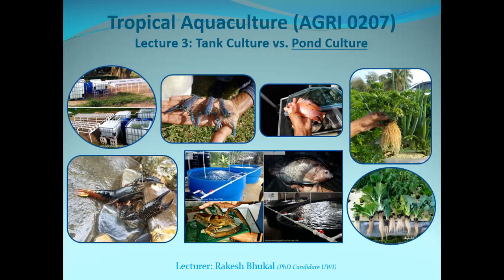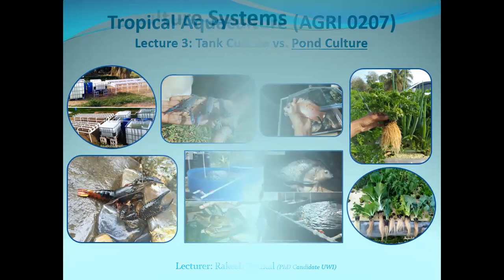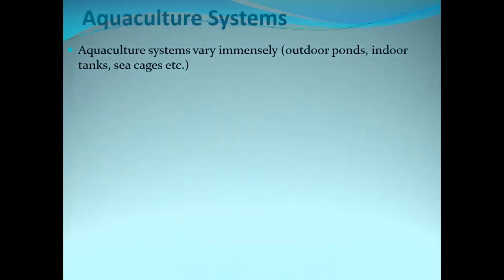So we have two major types of systems, tank culture and pond culture. Again, just to reiterate, there are different types of aquaculture systems utilized around the world, but here in the Caribbean we are kind of limited to the types that we actually utilize. As a refresher, aquaculture systems vary immensely.